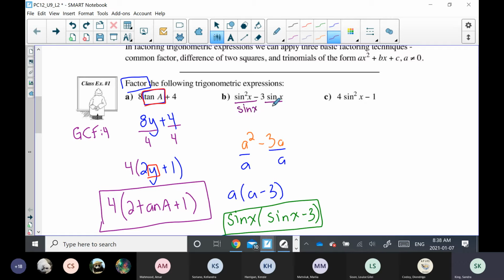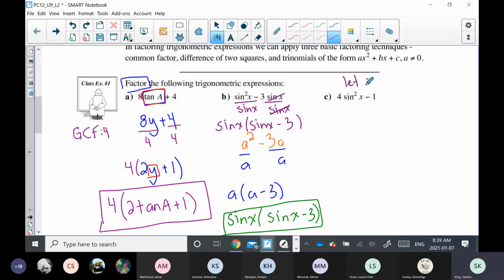I could take out a sine of x from each side. The sine of x goes in front of the bracket. Sine squared divided by sine, there's 1 sine left, minus sine over sine will cancel, and you're left with the 3. So if you're able to see that and you don't need to substitute out a different variable, then that's totally fine.